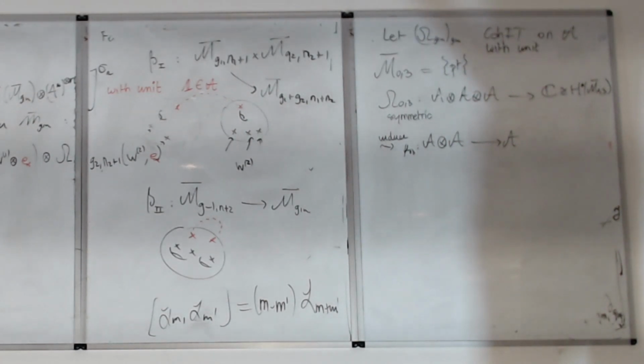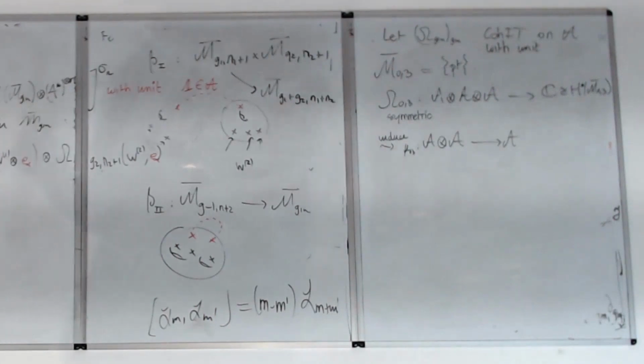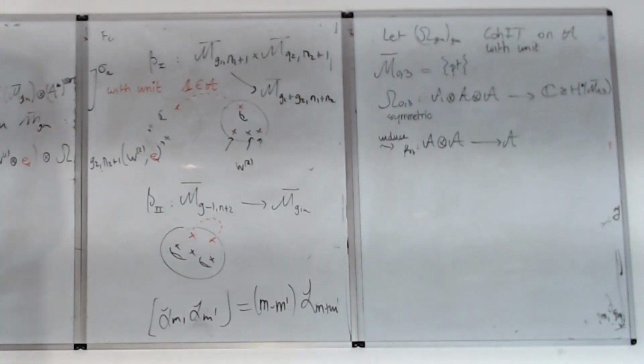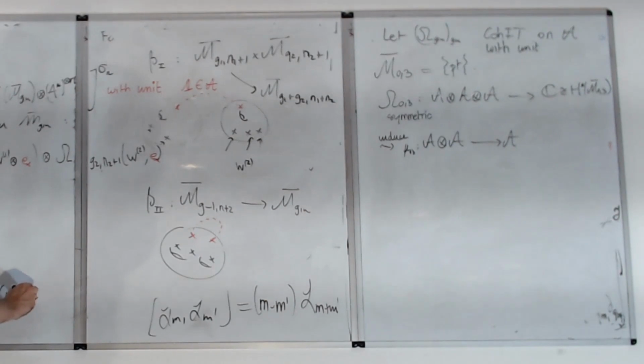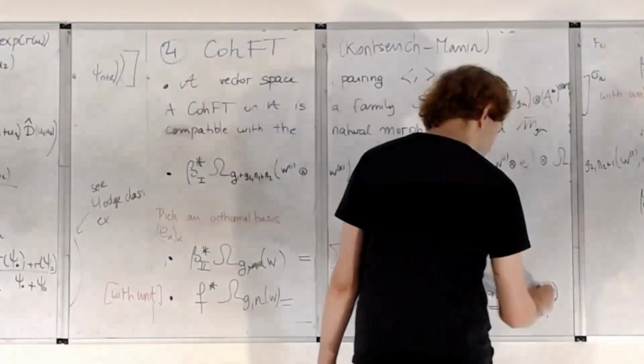Which is that Omega_{0,3} of... that's true because we don't have moduli spaces which are unstable. Yes. So if you have a unit, you need that Omega_{0,3} of V1 tensor V2 tensor 1 is going to be the pairing of V1 and V2. Yeah, thank you.